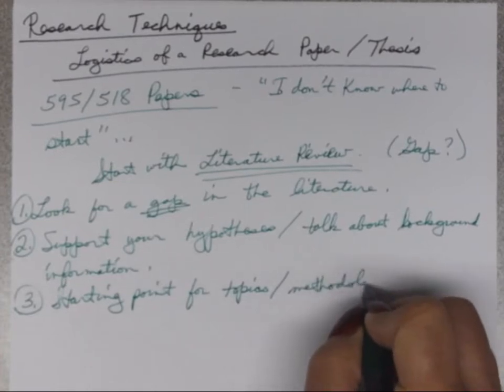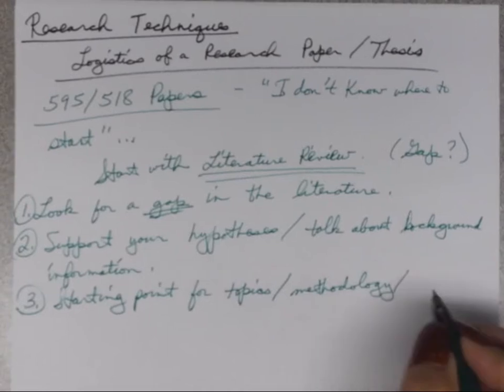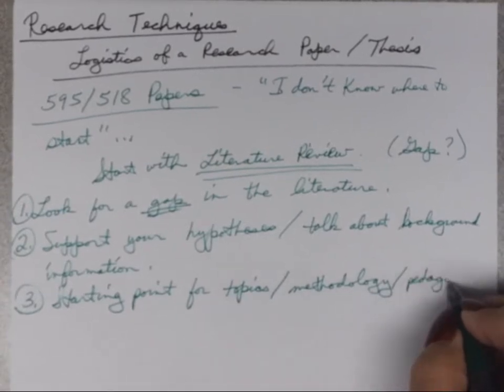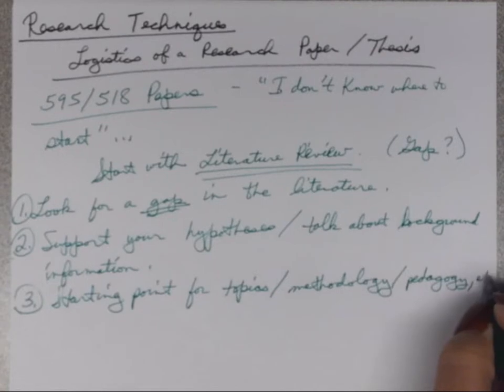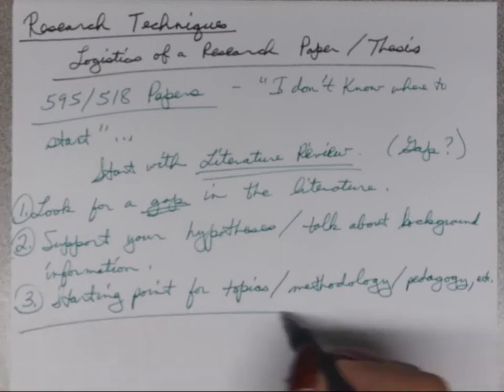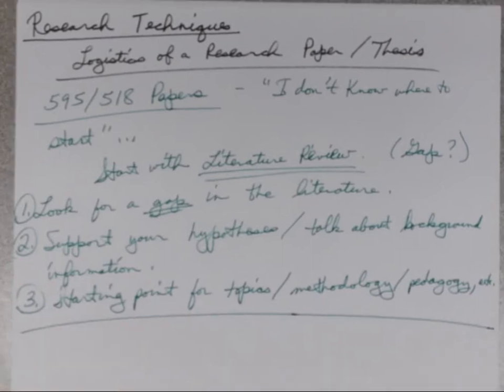How did they do that? What kinds of groups did they set up? Pedagogy. What exactly are we doing with our students in the classroom? That kind of thing. Maybe it can give me some kind of a starting point where I can say, hey, let me just start here. Okay? So that's what I would say first of all. Start with the literature review.